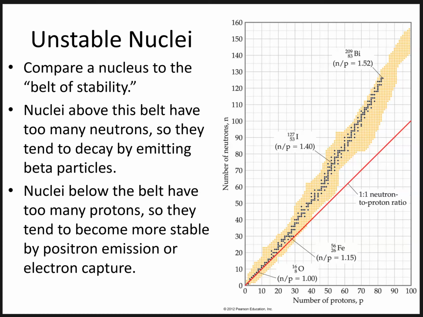Isotopes can have too many neutrons, or they can have too few neutrons, and that's the guiding factor in nuclear chemistry. So things that have too many neutrons transform by beta emission.